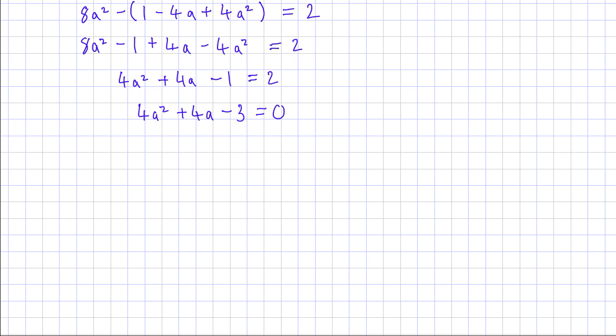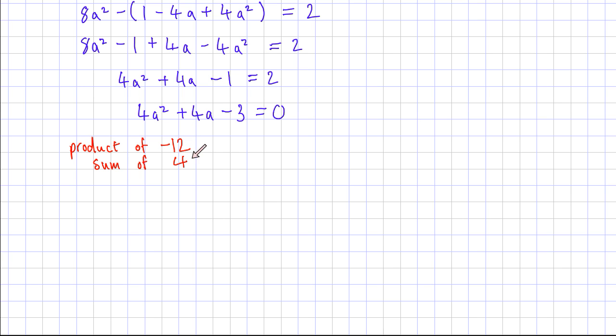So I need two numbers with a product of minus 12 and a sum of 4. So now I know that these numbers are going to be 6 and minus 2. 6 and minus 2, when I multiply them, I get minus 12.